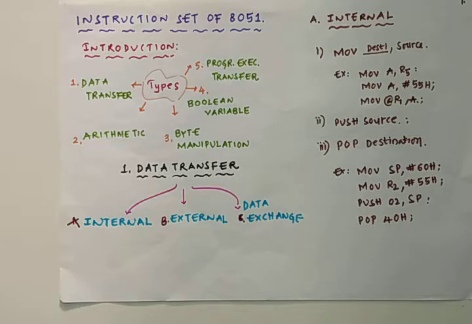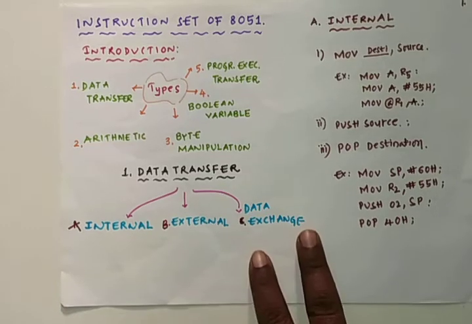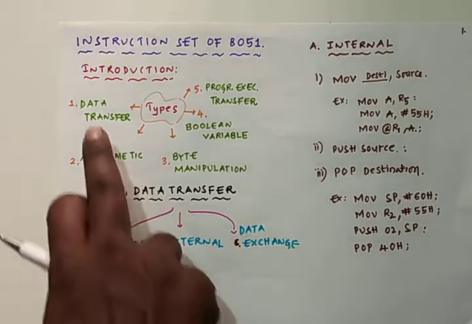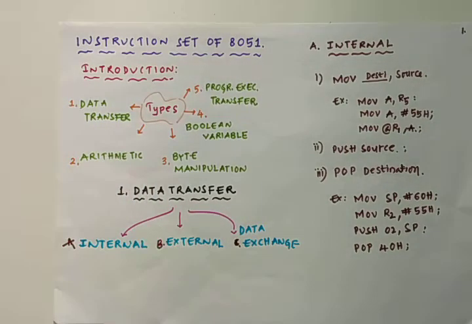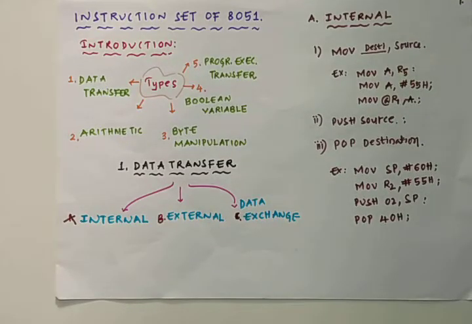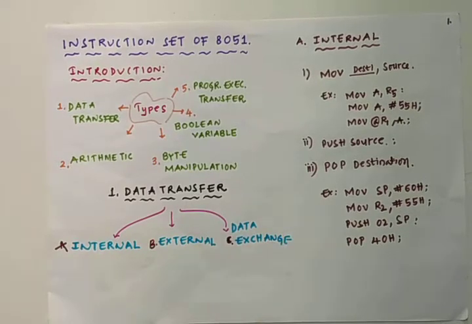The data transfer instructions can transfer the data from one memory location to another memory location. The simple thing is that data transfer instructions are used to transfer the data from one location to another location.